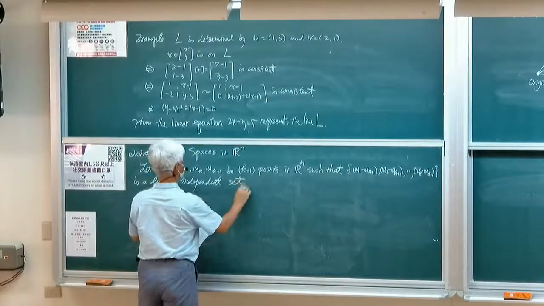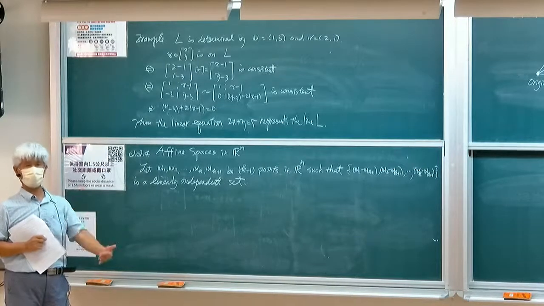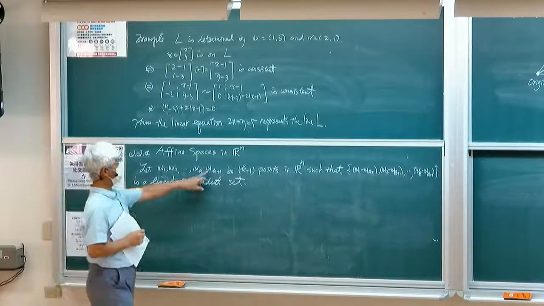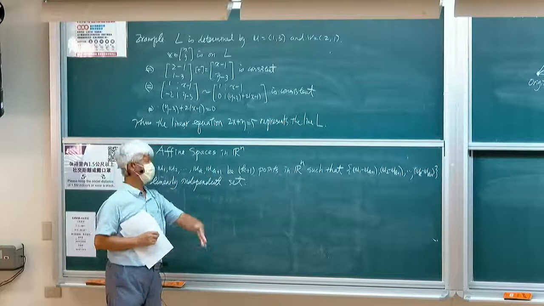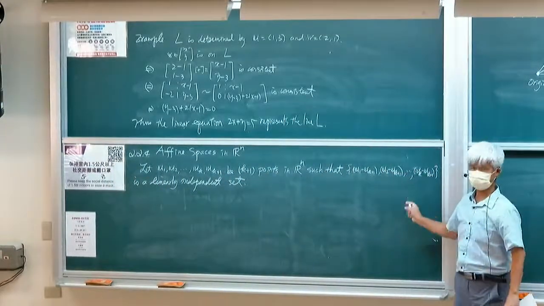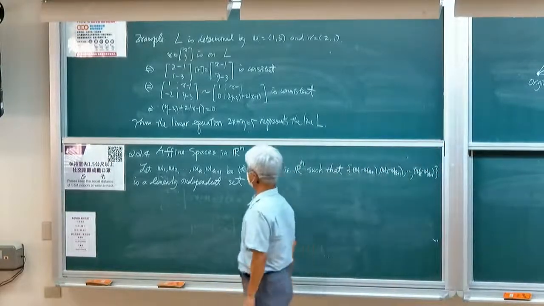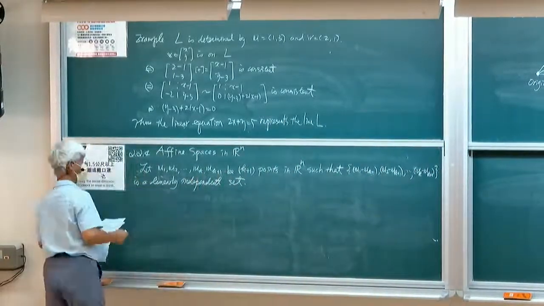All right, so we require that we have k+1 points and select u_{k+1} as a base point. So we form k difference vectors there. And we ask that this set is a linearly independent set.